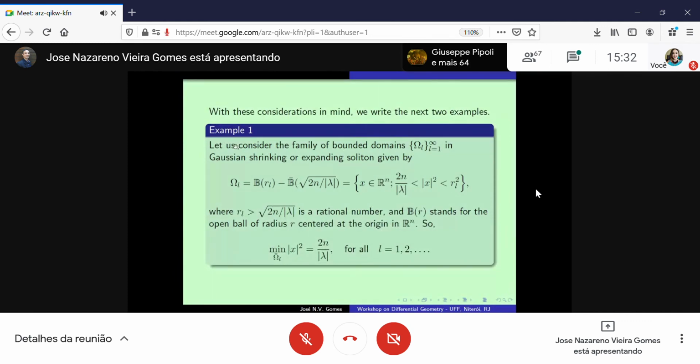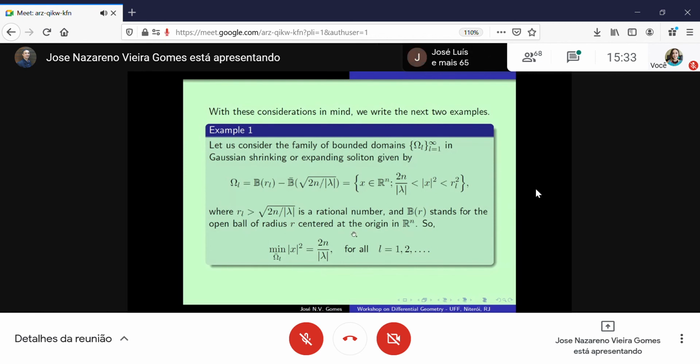Example 1. Let us consider the family of bounded domains in the Gaussian shrinking or expanding soliton given by this one. This property is very important for us. Here R is a real number and B_R stands for the open ball of radius R centered at the origin in Euclidean space.